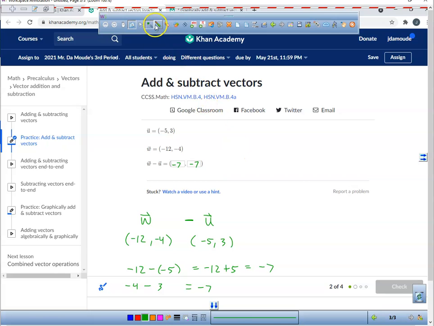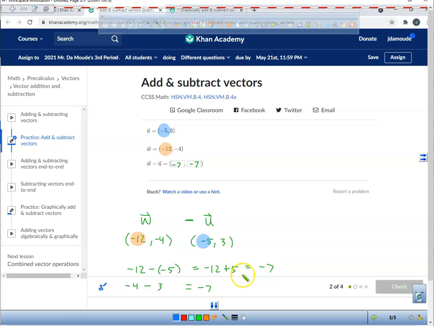I'm going to highlight once again what I just did. I took the -12, and what did I take away? I took away the -5, and that's why it became -12 plus 5. And then the next thing I did was I took a -4, which is right there, and I took away a 3.